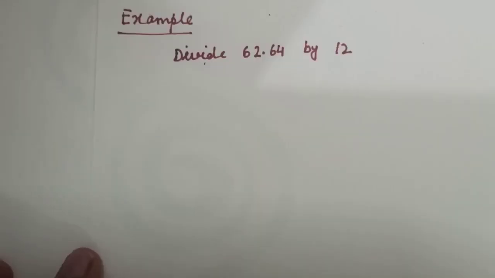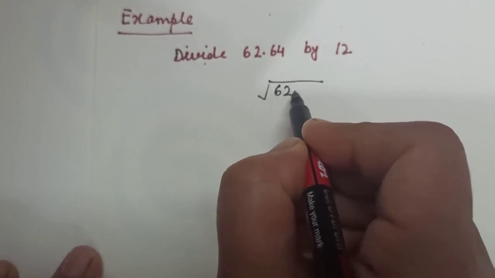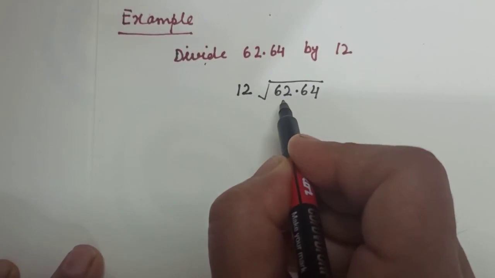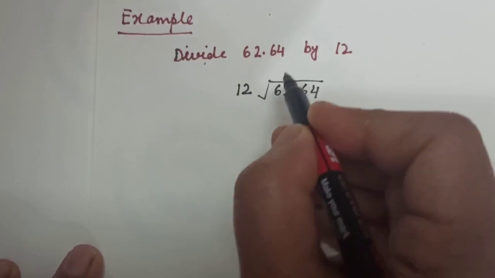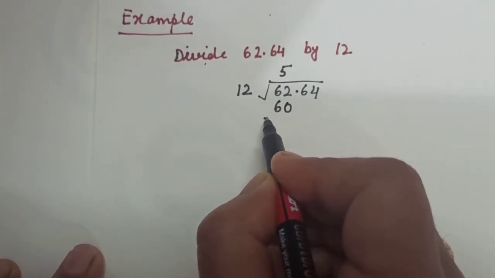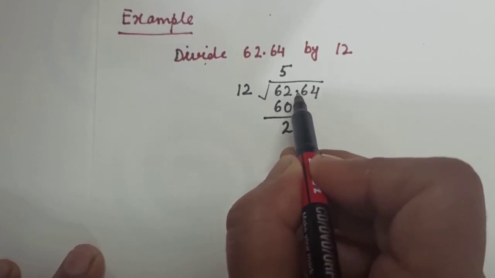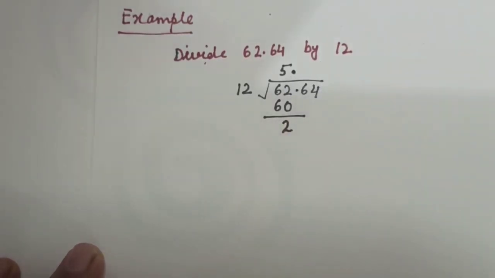Let us divide decimal number 62.64 by whole number 12. When we divide 62.64 by 12, the whole part is 62. First step, we will divide 62 by 12. We know 12 5s are 60. 2 is the remainder. But after 62, here we get the decimal point. So we will put the decimal point in the quotient.